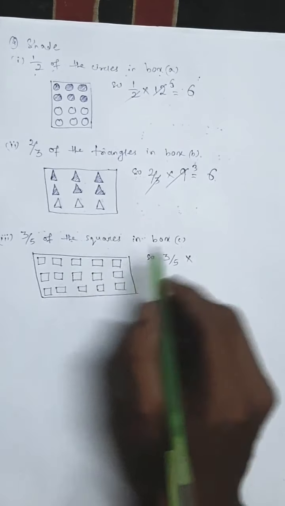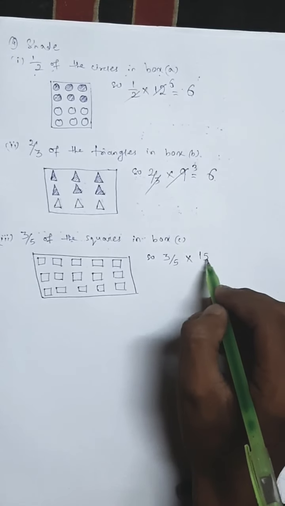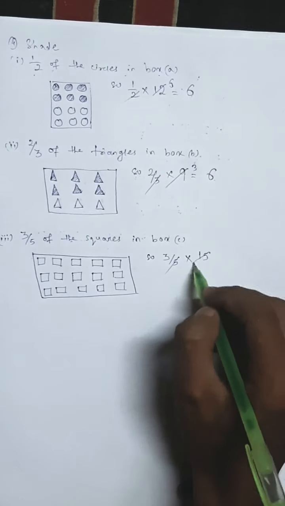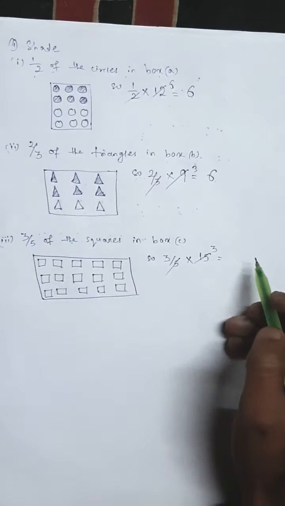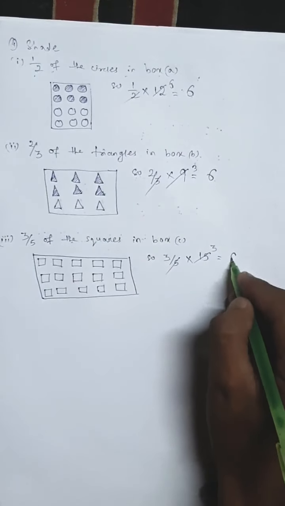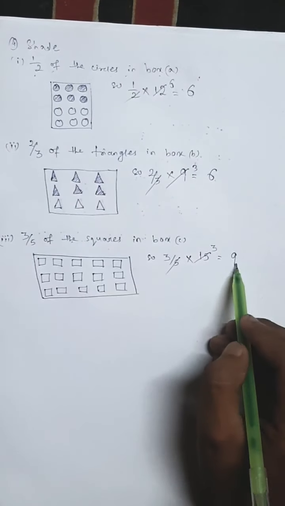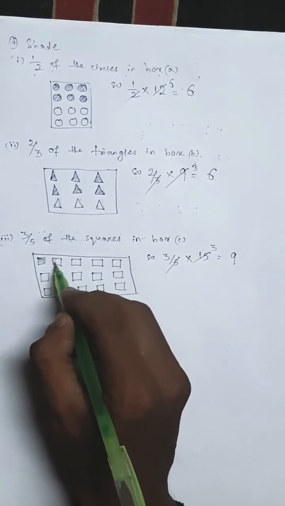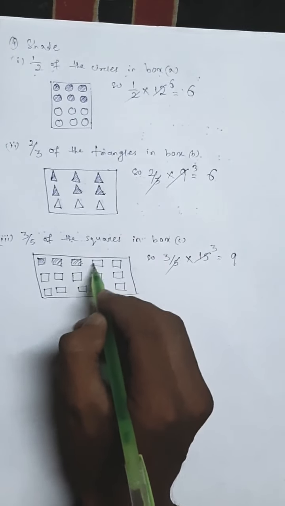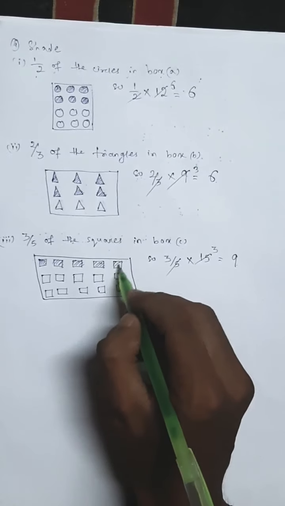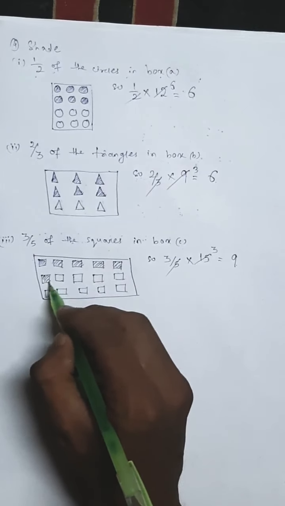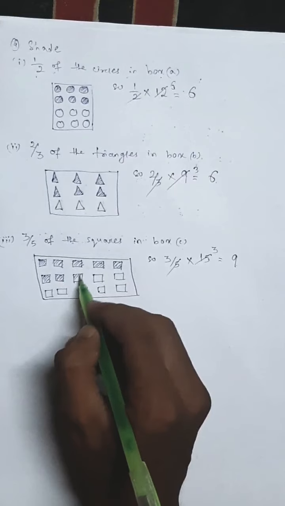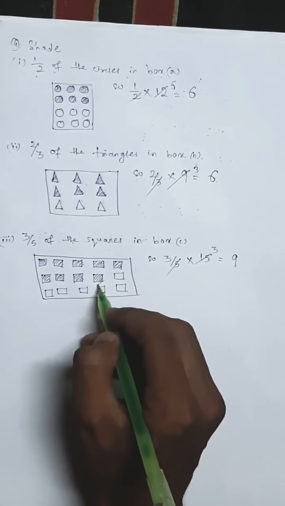How many squares have we found? 15 squares. 15 is divisible by 5. 5 3s are 15, equals 3 3s are 9. Here we can set 9 squares in the box. 1 2 3 4 5 6 7 8 and 9.